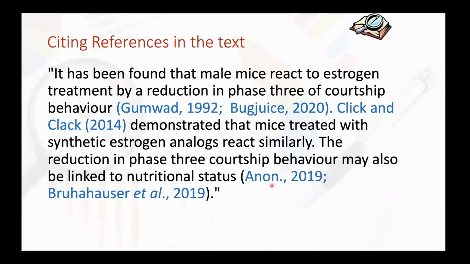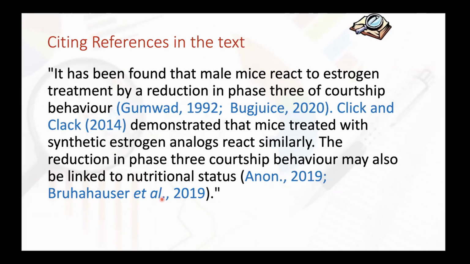If you don't know the author, if a paper, a manuscript or a report never mentions any specific author, then you can always put anonymous. Okay, and if there are more than two authors, you always put et al. When you use the term et al., make it a point that it is not a full English word. Al is a shortened form of alii, so there should always be a full stop.